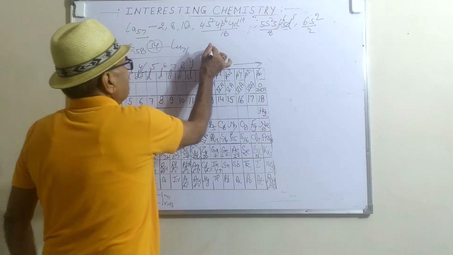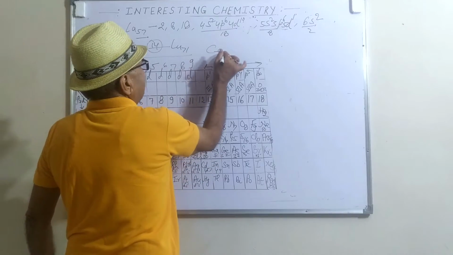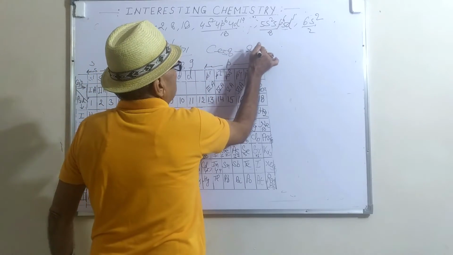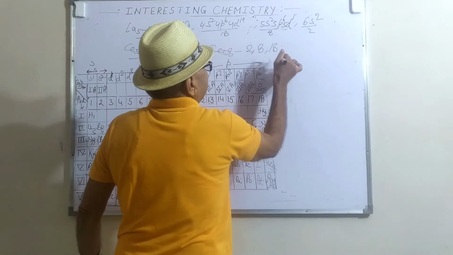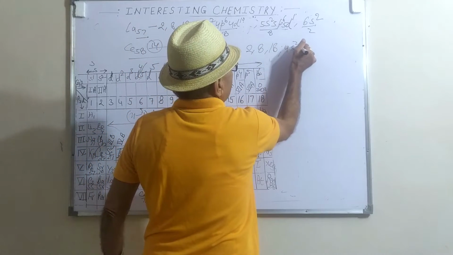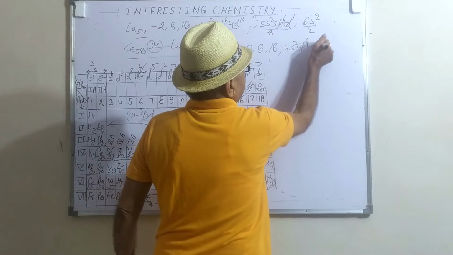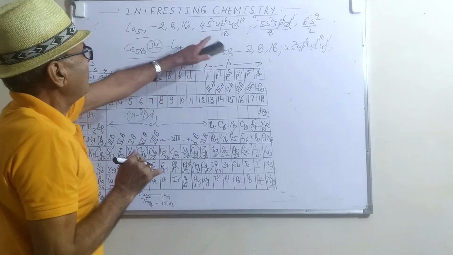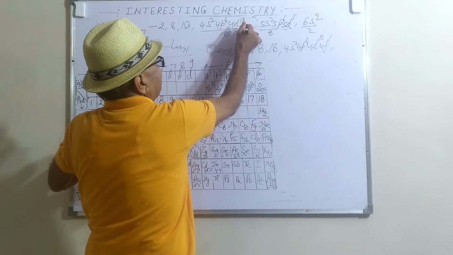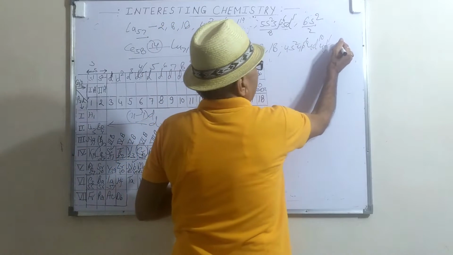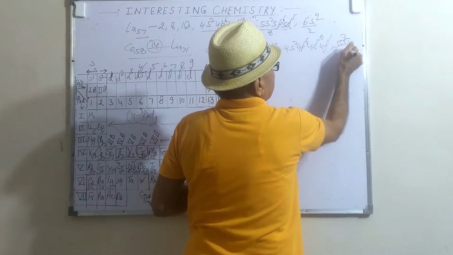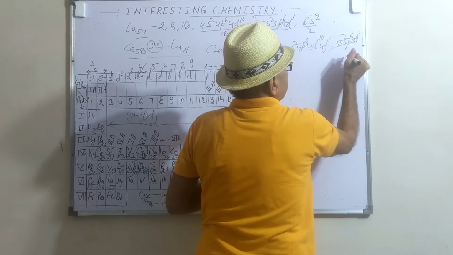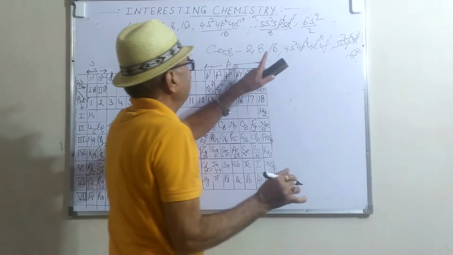So the electronic configuration of cerium 58 after the lanthanum will be 2, 8, 18 and 4s2, 4p6, 4d10 and 4f1. Now the f will start here, 4f1 and 5s2, 5p6 and 5d1 and 6s2. This will be the start.